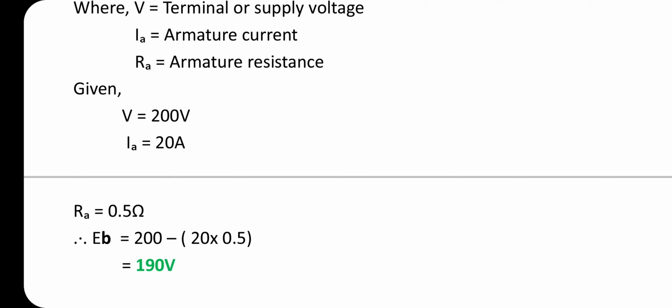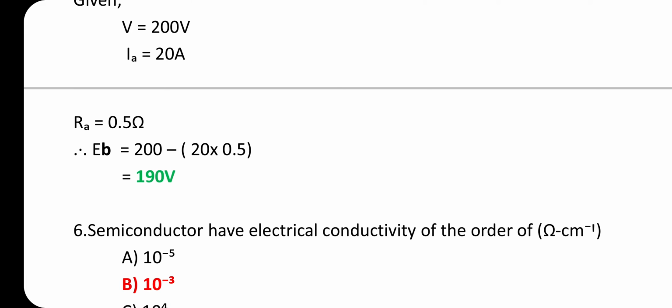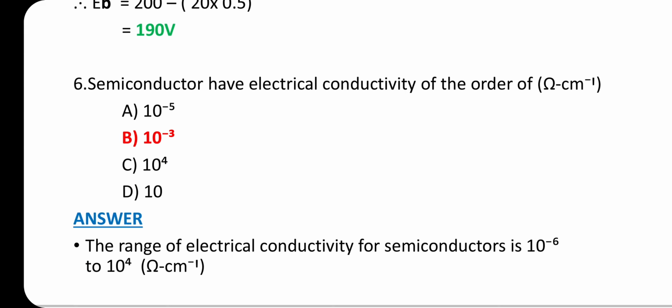Given V equal to 200 volt, Ia equal to 20 ampere, Ra equal to 0.5 ohm. Therefore, Eb equal to 200 minus 20 into 0.5 volt. We get Eb, the back EMF, equal to 190 volt.